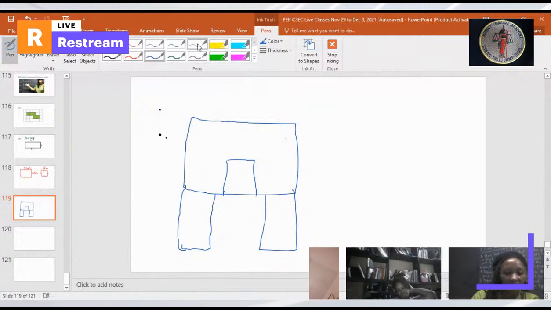So let me put in some measurements. All right. So this is 2 meters. And this is 3 meters. And this is 3 meters. And this here is 5.